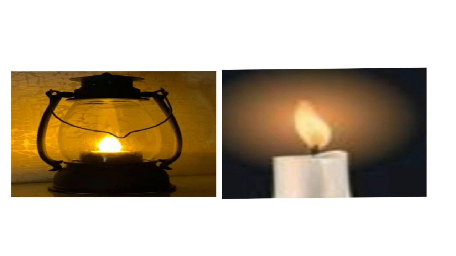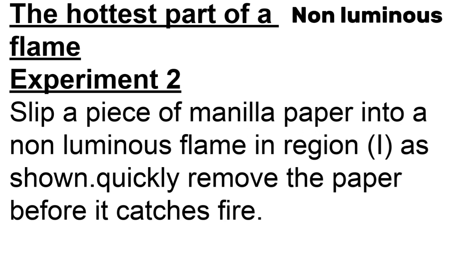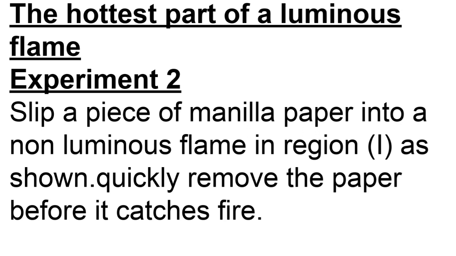Then from there we move on to the hottest part of a non-luminous flame. This is our experiment number 2. Now that we have concluded that the non-luminous flame is the hottest flame, we ask ourselves, which is the hottest part of this non-luminous flame?